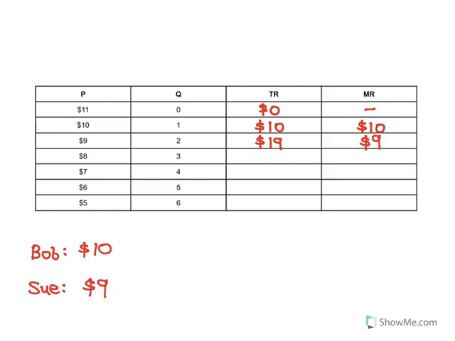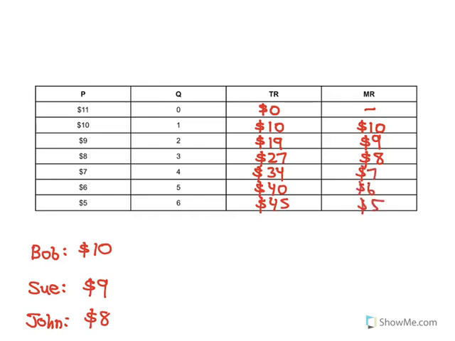And so if we continue this, we bring in a third consumer, we'll call him John, and John's willing to pay $8, and so then we charge each of them what they're willing to pay. 10 plus 9 plus 8 is $27, and then marginal revenue is $8, and then of course we could just keep going down, 34, 40, and 45, and then this is 7, 6, 5.